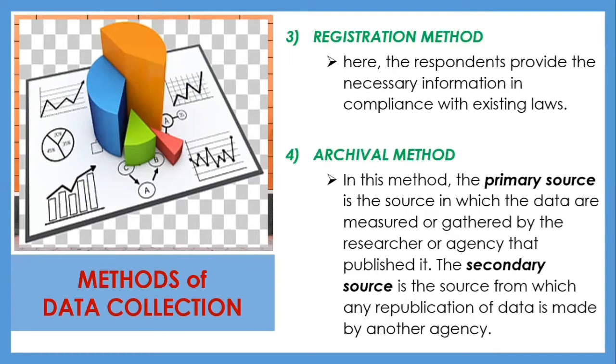The use of existing studies also provides an archival method of data collection. In this method, the primary source is the source in which the data are measured or gathered by the researcher or agency that published it. A secondary source, on the other hand, is the source from which any republication of data is made by another agency.